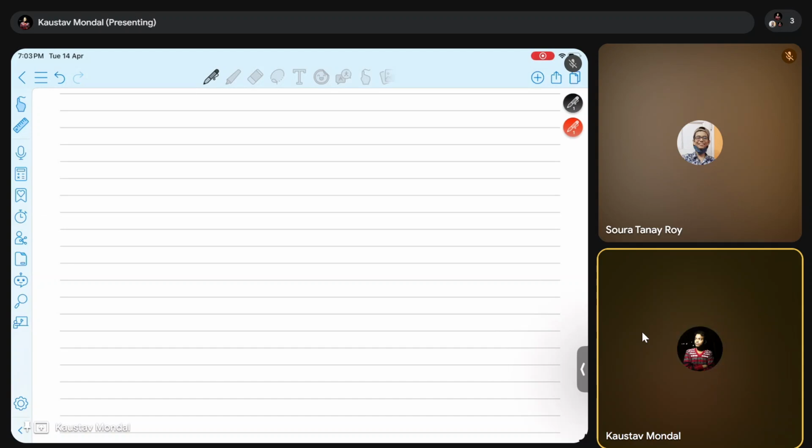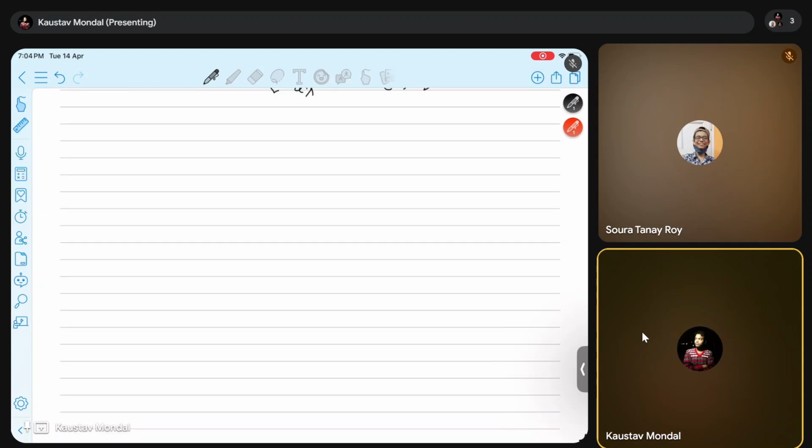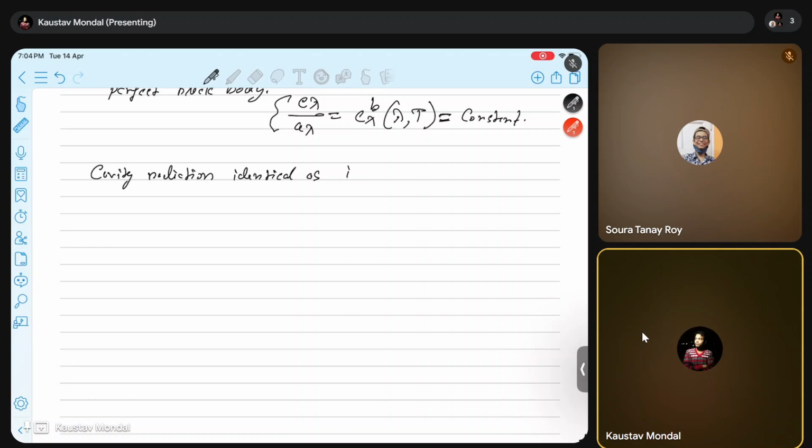Let me write it. Consider cavity radiation identical to an ideal gas.